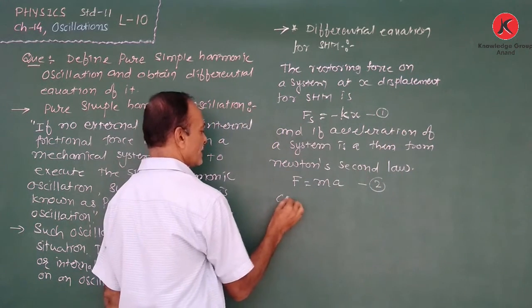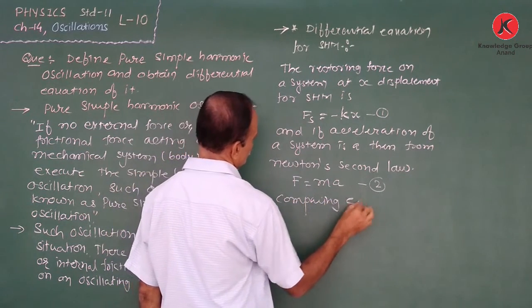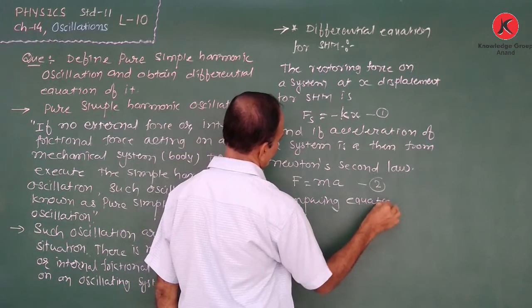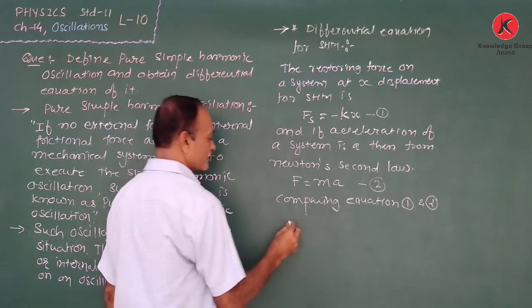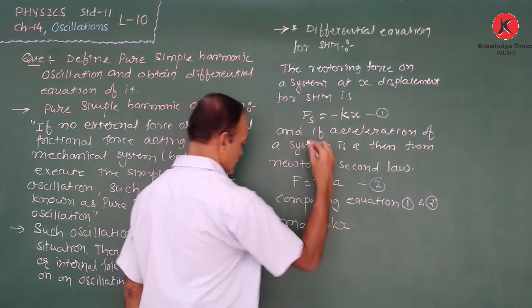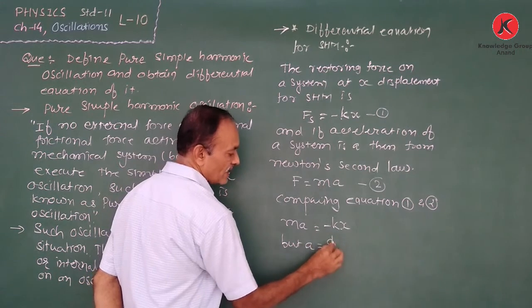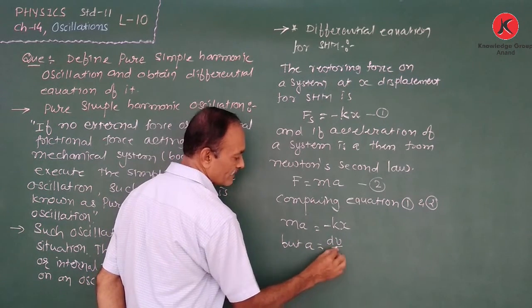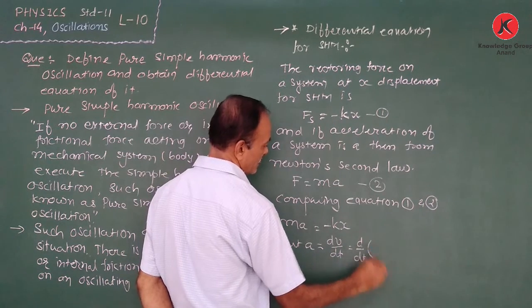Comparing equations 1 and 2, we obtain ma is equal to minus kx. Equation 3. But we know that acceleration is equal to dv by dt and velocity is equal to dx by dt.